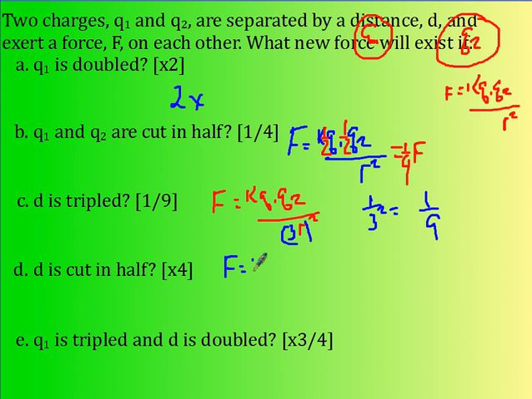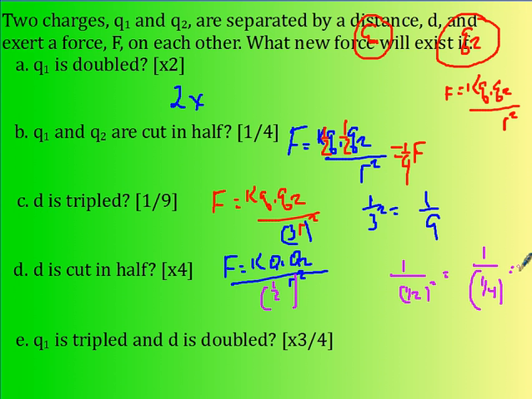Well, F is K Q1 Q2 divided by R squared. If D is cut in half, this becomes 1/2 squared. Well, 1 divided by 1/2 squared is 1 divided by 1/4, which is 4.